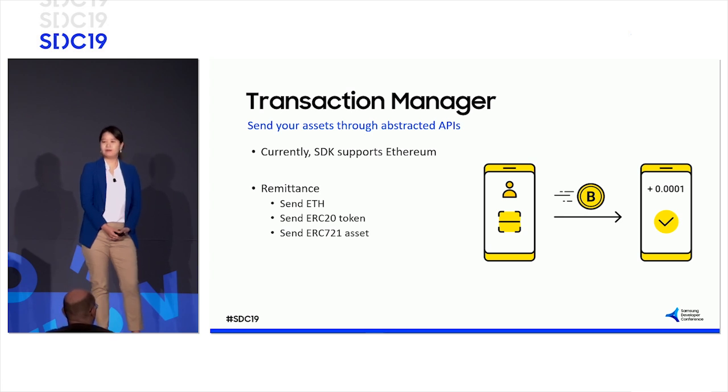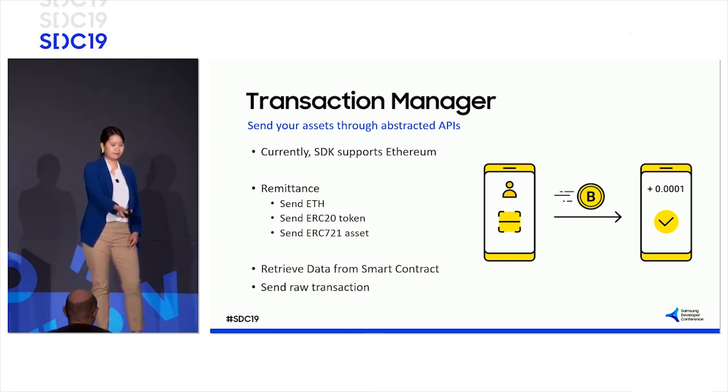Samsung Blockchain Platform SDK offers abstracted APIs to utilize all these types of transactions. Plus, you can gather data from smart contracts easily. Of course, it supports sending raw transactions to the Ethereum network.